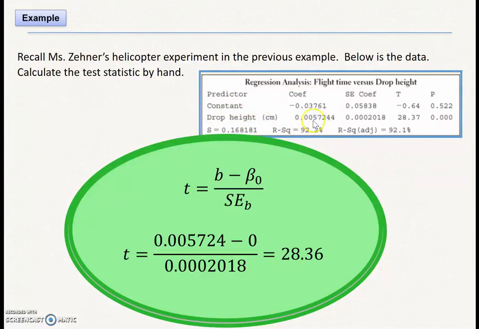You remember you're looking for the slope here. Minus, we're going to use 0 for our beta here, because that's kind of saying that there's not a positive or a negative association. Divided by the standard error, so the standard error for our slope is right here, 0.0002018, giving us a value for t of 28.36.